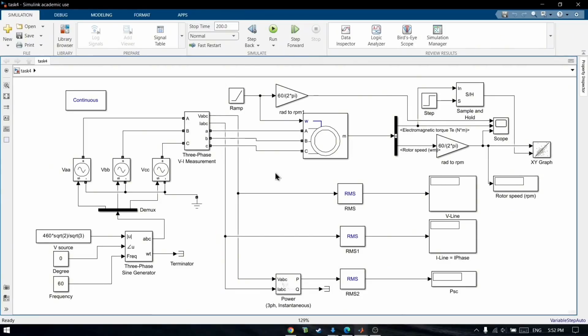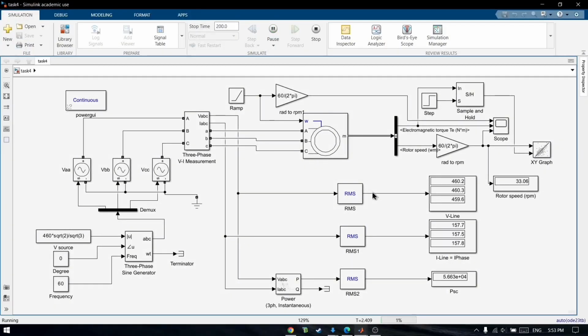This is the simulation model for the torque-speed characteristic simulation. Key components include voltage source, 3-phase sine generator, a synchronous machine block, step input and sample and hold block, and torque-speed output RMS block. I will run the simulation.